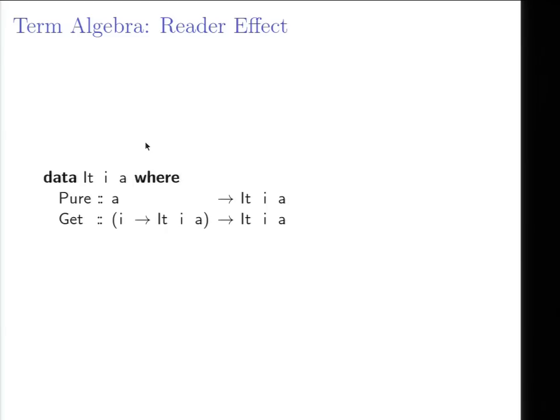Okay, so we start with the simplest thing we can think of. We're interested in the simplest effect, which is a reader effect or dynamic binding, right? And so here is the specification of effects. It's a computation that has no effect whatsoever, pure A, which means that it works silently towards some value of A. Or it's a computation that cannot work silently; it says it needs some value of type I, and if it gets this value, then it continues and maybe asks for some other values, and then eventually it returns A, if it doesn't diverge.